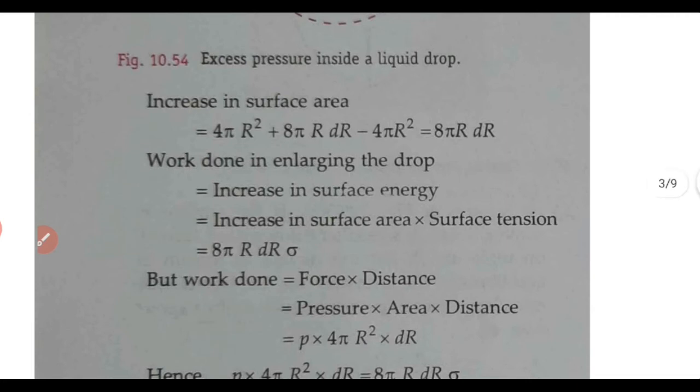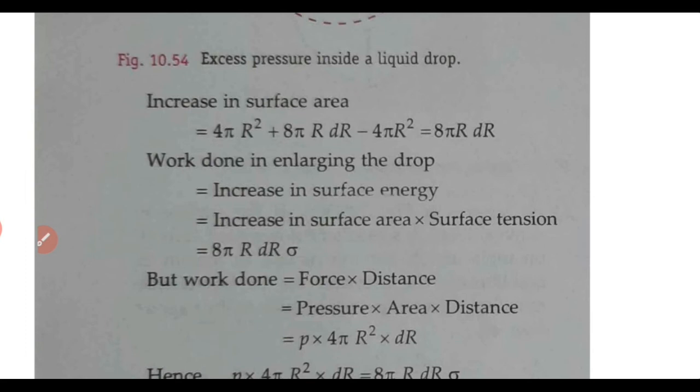So the force on the liquid surface which is acting normally is pressure into area, that is P into A. And the distance through which it gets expanded is dr. So work done is force into displacement, so pressure into area into displacement. So we have P into 4 pi r square, that is the area, into the displacement.